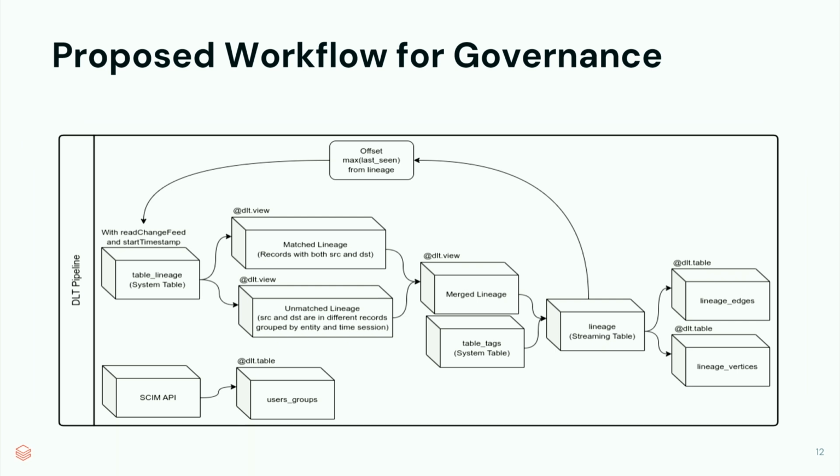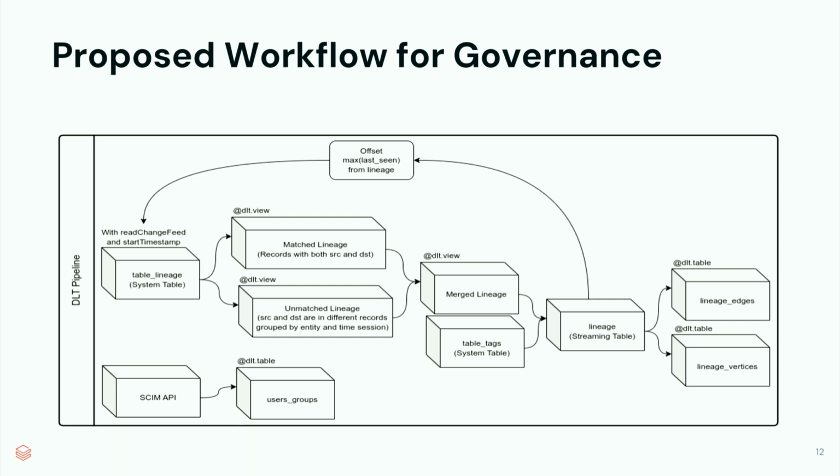With this output table, we can split into other DLT tables, one called edges and vertices, to use for our graph processing. Also, the lineage table we can use to control the offset that we use in the next iterations, passing it as the start timestamp to do the ingestion incrementally.